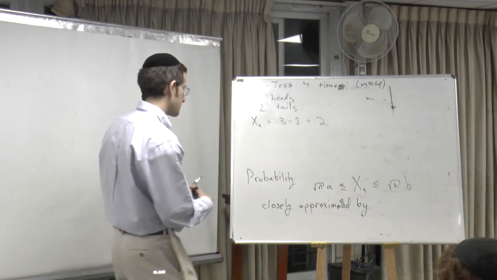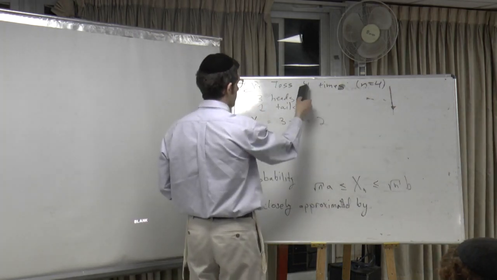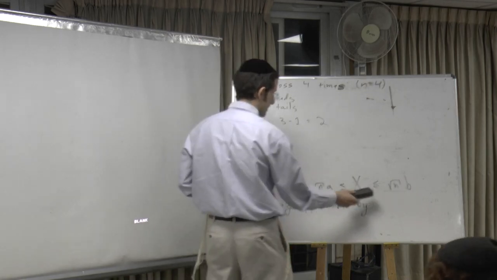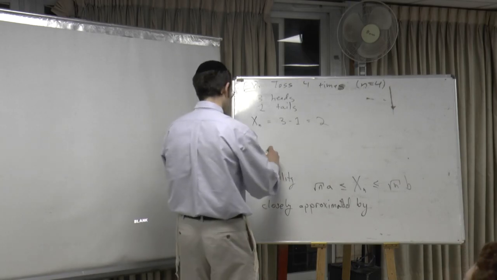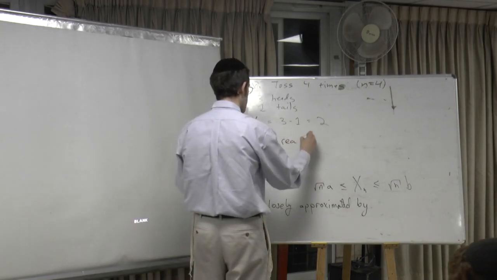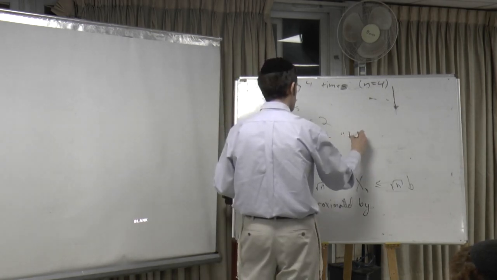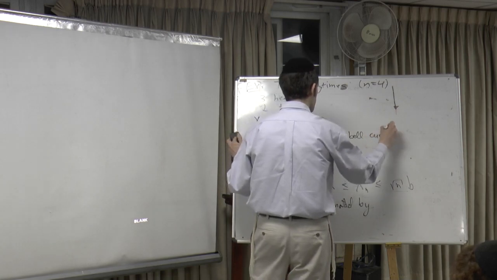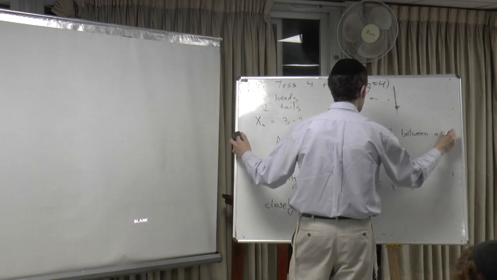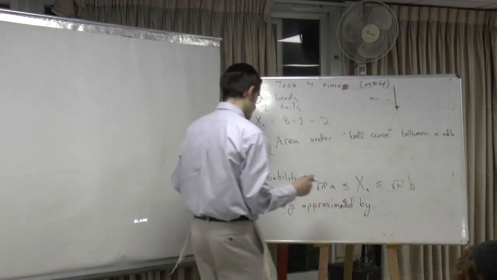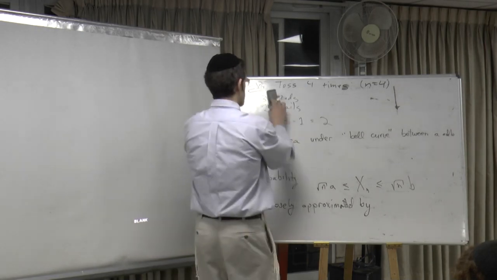And the probability of getting between square root of n, in this example square root of 4 is 2, between 2A and 2B, this probability is going to be the area under what people call the bell curve, between A and B. Let me draw a little picture of that. So we draw it up here.